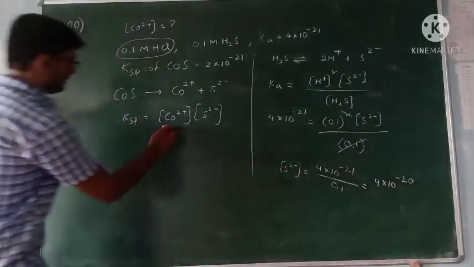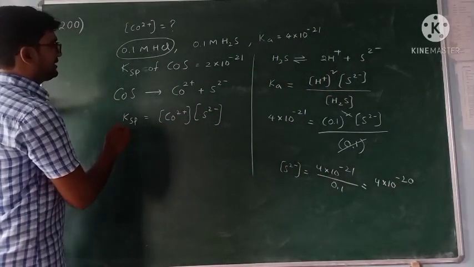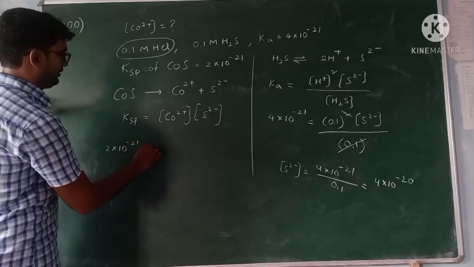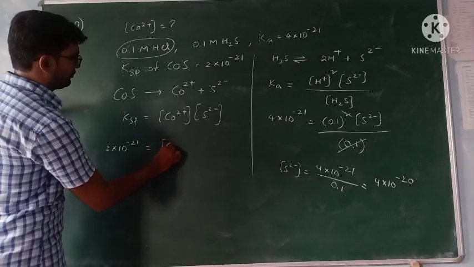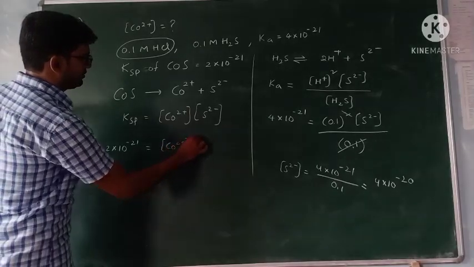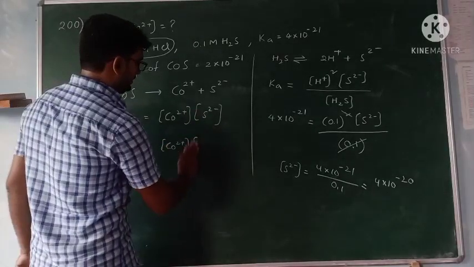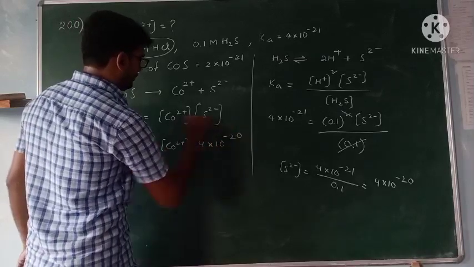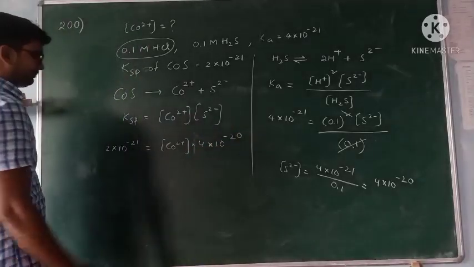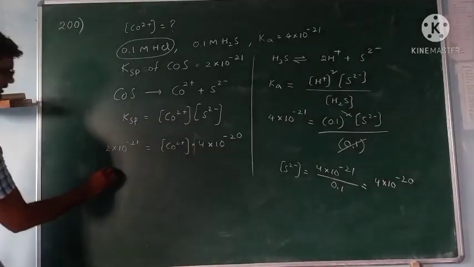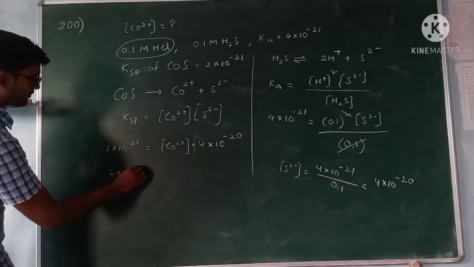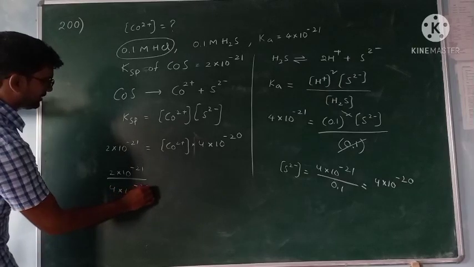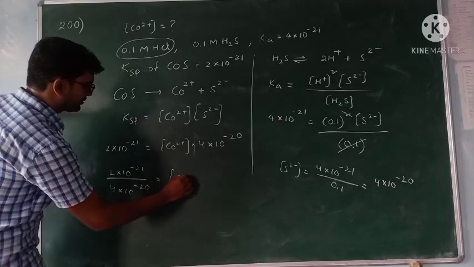Substitute this value in the Ksp equation. The Ksp value, 2 into 10 to the power of minus 21, is equal to the Co2+ concentration times the S2- concentration, which is 4 into 10 to the power of minus 20. Move this to the other side: 2 into 10 to the power of minus 21 by 4 into 10 to the power of minus 20 is equal to Co2+.